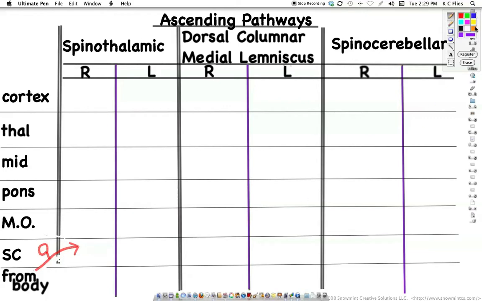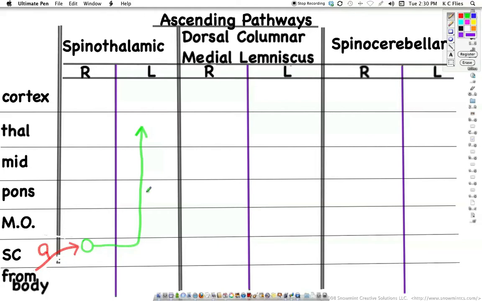The second neuron, or the second order neuron in this case, will synapse with its cell body on the right hand side of the spinal cord, but then its axon will cross over to the other hemisphere of the spinal cord and go all the way towards the thalamus.